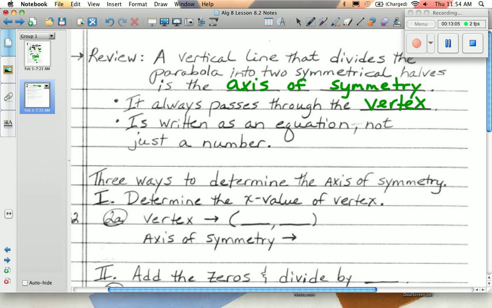X equals whatever number every point has the same. So it's not always going to be 0, though. It doesn't have to be 0. So it is written as an equation, not just as a number. And so we're just going to put right here, we're going to say x is equal to a number, and we're going to figure out what that number is going to be.